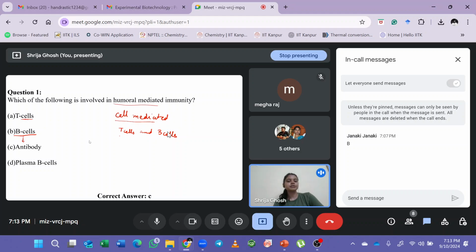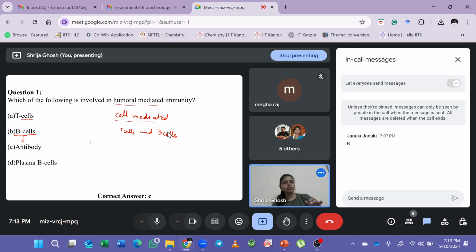Anybody has any kind of doubt regarding what is immunity, what are immune responses, and what are cell mediated and humoral mediated immune responses? So this is part of basic immunology. This is the basis of how antibody is generated in the lab and how we are using it in different techniques while we are studying different kinds of proteins.